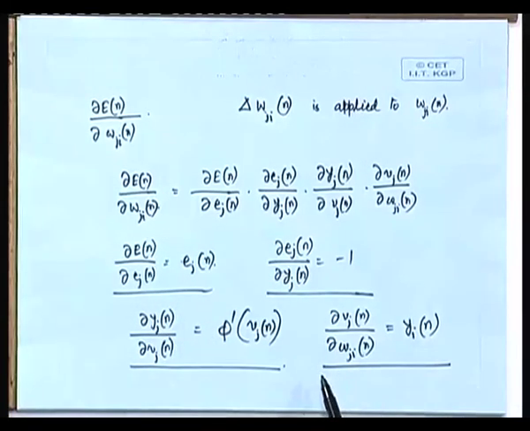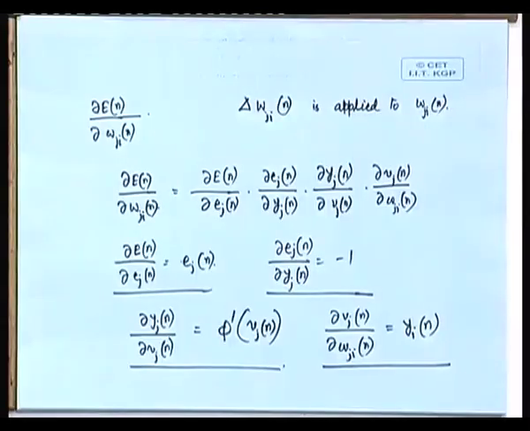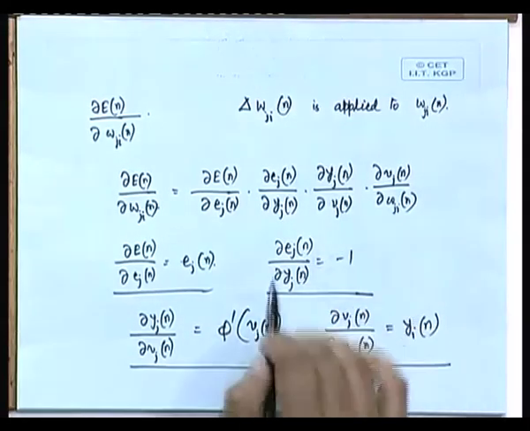So now this dou En dou Wjin is expressible in a very manageable form. This term is very nice, minus 1. This term is Ej. So it is minus Ej phi dash Vjn Yin.